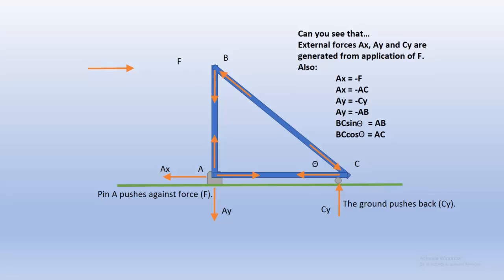AY is going to be equal and opposite to the beam AB. And then we can find BC by either looking at, if we looked at AB, we could say BC sine theta is equal to AB, and BC cosine theta is equal to AC.